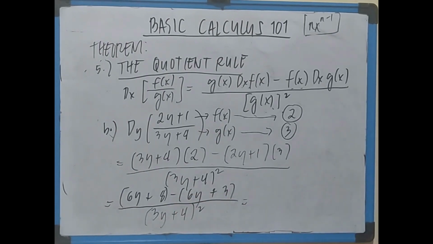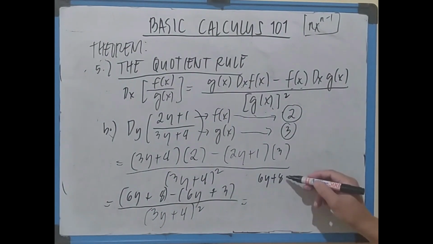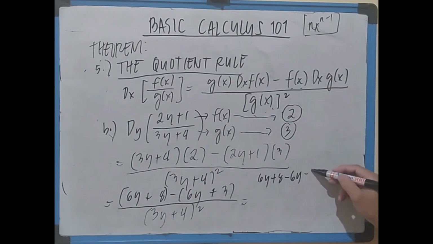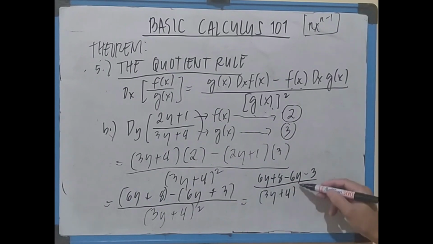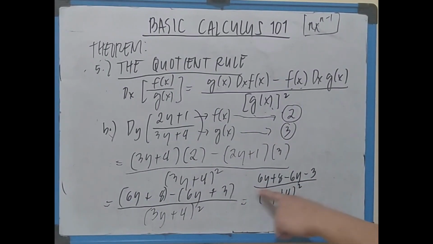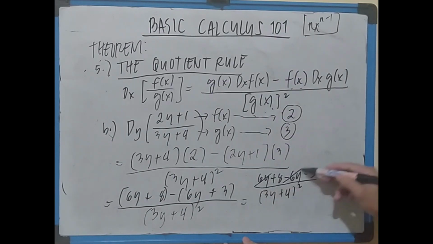So this one, subtract lang natin siya, guys. Kung gusto nyo eliminate ang parenthesis, walang problema. Pag nag-eliminate kayo, this becomes 6y plus 8 minus 6y minus 3, and that is all over 3y plus 4 and square. So, combining like terms na lang tayo. 6y minus 6y is 0. 8 minus 3 is 5.